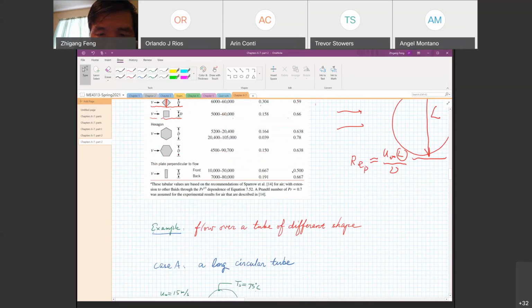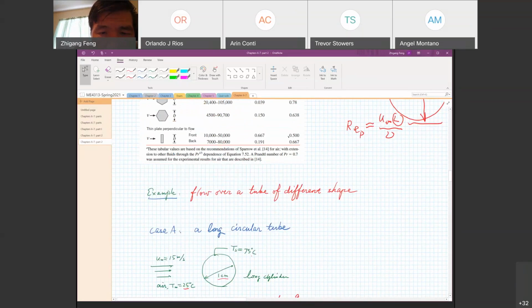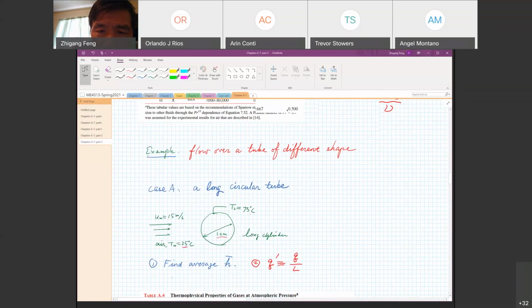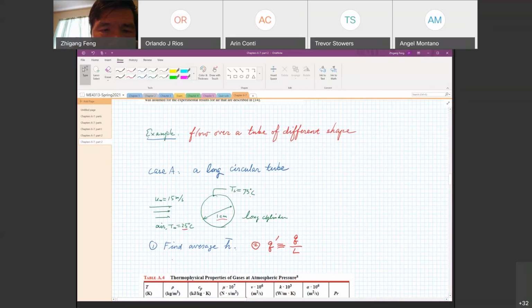So now we can work together on one example related to flow over a cylinder, both a circular cylinder and a non-circular cylinder. So I break it into three cases. Case A, a long circular cylinder or long circular tube. This is a top view, a cross-section view.